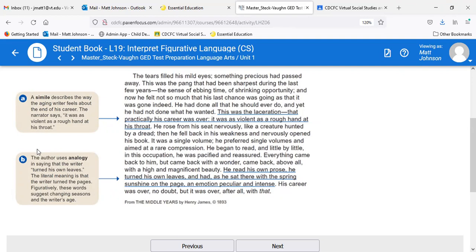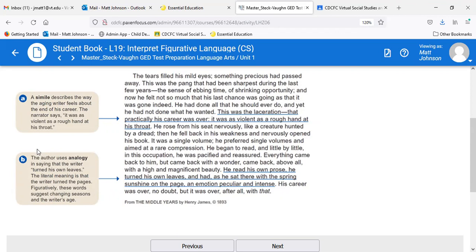that his career was over, that it was wounding him. And then underneath here in our second one, it says the author uses analogy in saying that the writer turned his own leaves. So the literal meaning is that the writer turned the pages. Leaves is sort of an old school word for turning pages in a book, leafing through a book, things like that.